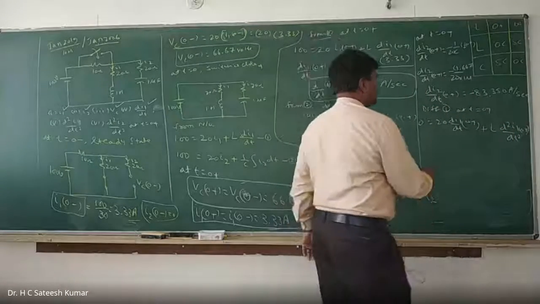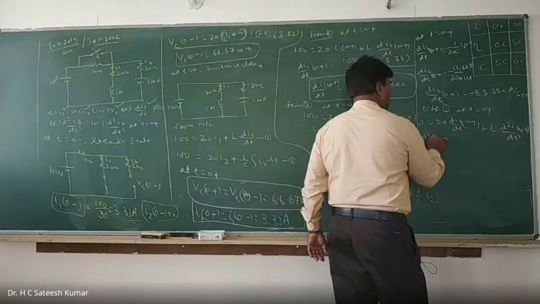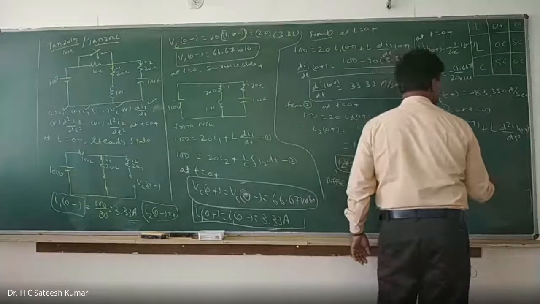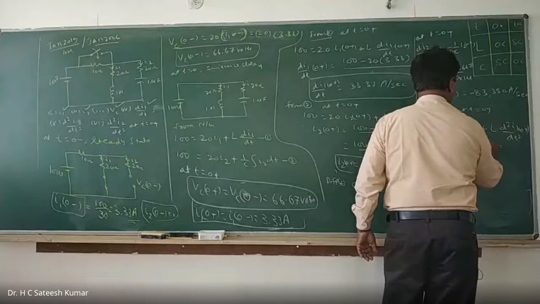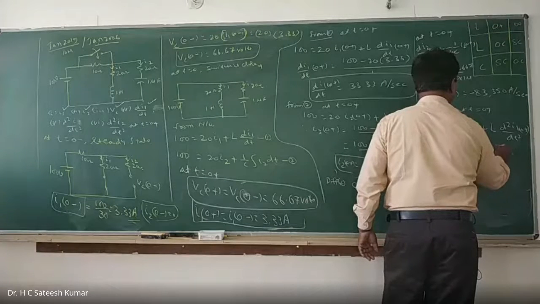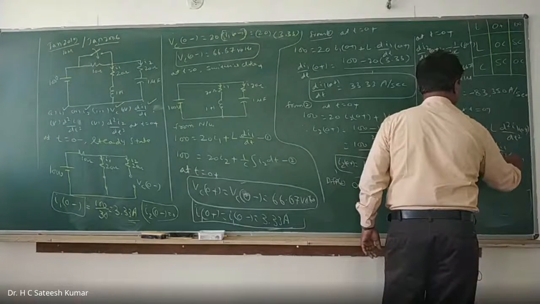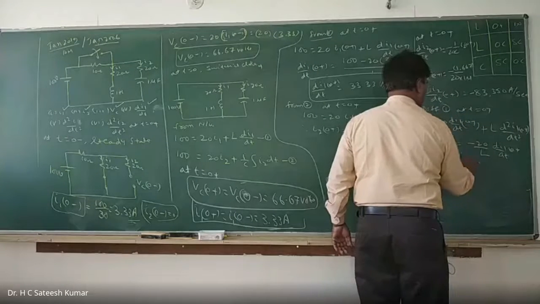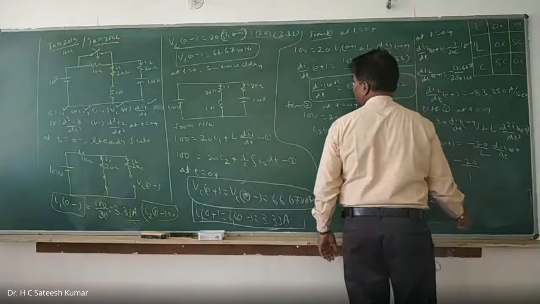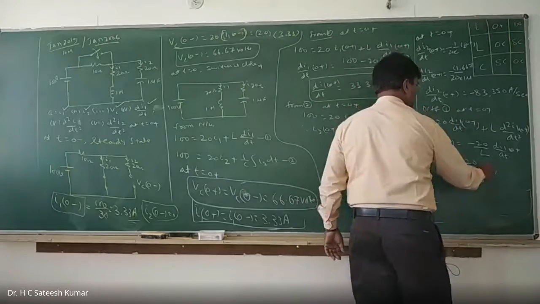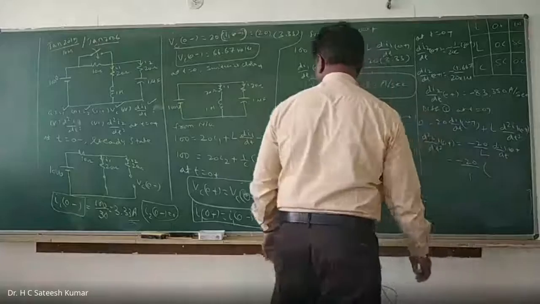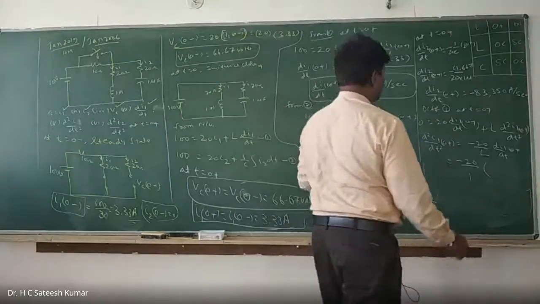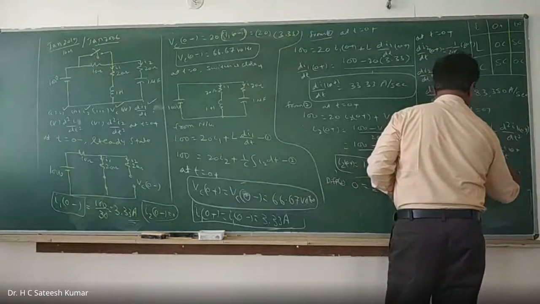Therefore, d squared I1 by dt square at 0 plus is equal to minus 20 divided by L into di1/dt at 0 plus. Transfer L to the denominator. Minus 20 divided by L, which is 1, into di1/dt. di1/dt at 0 plus is 33.33.